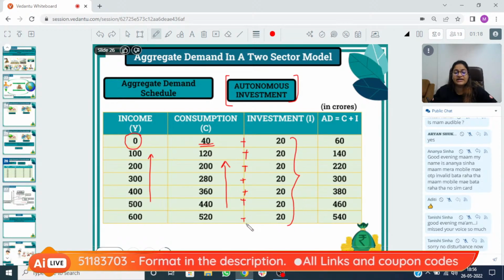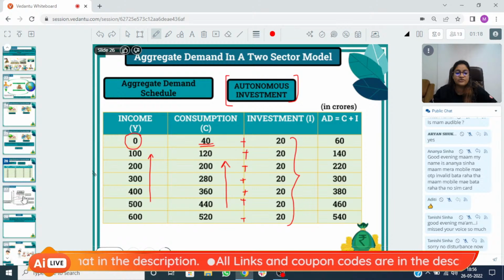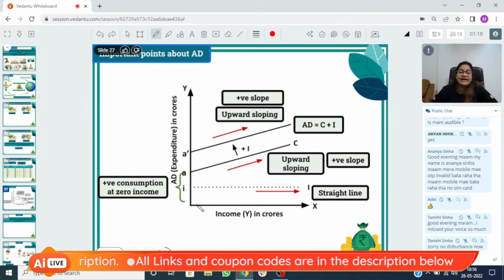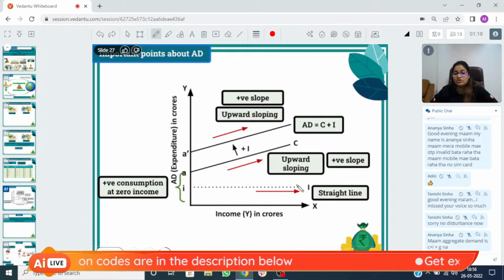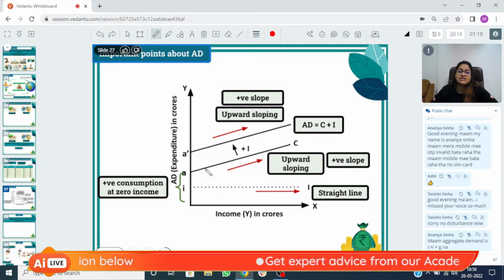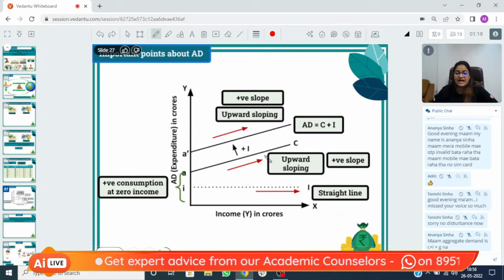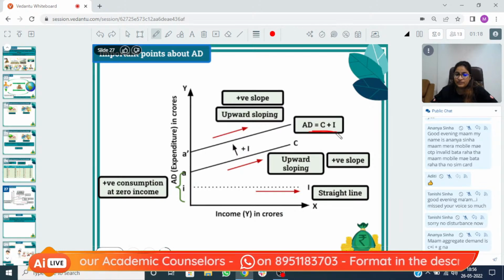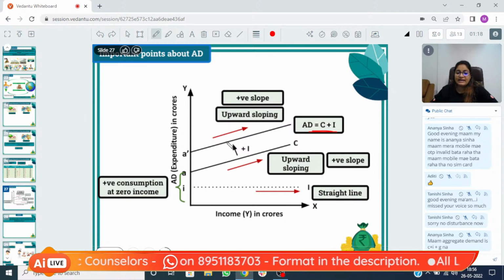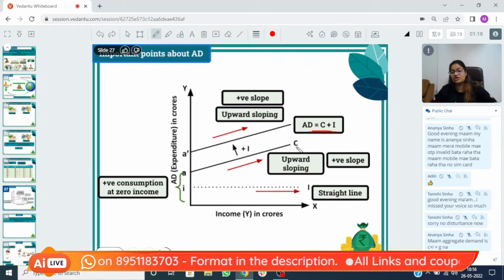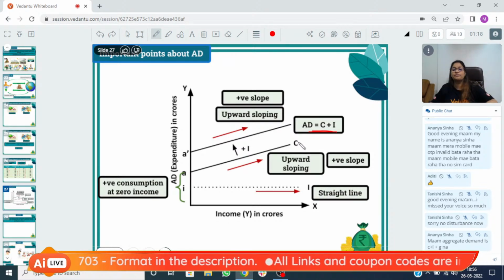So can I say aggregate demand, if we try to draw the curve, first we will get the investment curve, which will be a horizontal straight line parallel to the x-axis. Correct? Then we have the consumption curve, which is C. When you add C plus I, you get the aggregate demand, which is equal to C plus I. So aggregate demand and consumption curve both have upward slope.